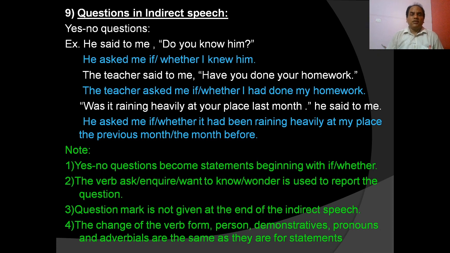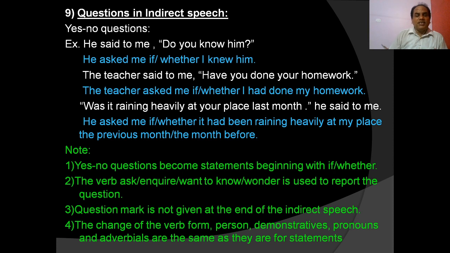What are the changes? You see, inverted commas are omitted, removed, and said is replaced by asked. And yes-no questions become statements beginning with if or whether. If or whether I knew him. No more question.